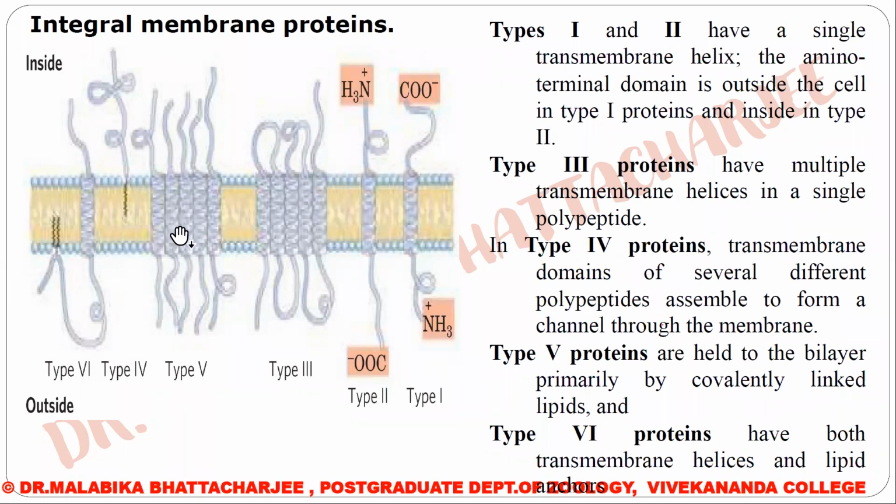In type 4, several transmembrane proteins have become assembled together to form a channel. So this is one polypeptide, this is another polypeptide, this is another polypeptide. Sorry, this is the type 4 category, where you can see the transmembrane domain of several different polypeptides assembled to form a channel.